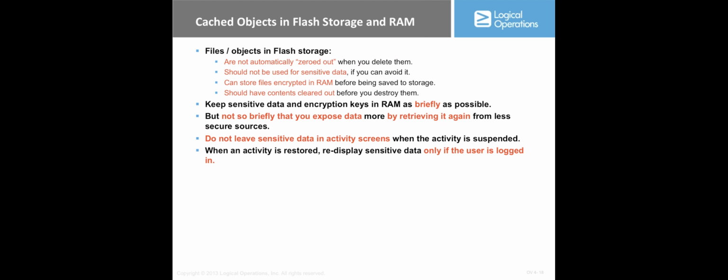So it is a give and take with that subject. You don't want to store it without encryption, and you do it as briefly as possible, but not so briefly that you're having to continually reload it, so that frequency or pattern matching becomes an issue with the activity itself.